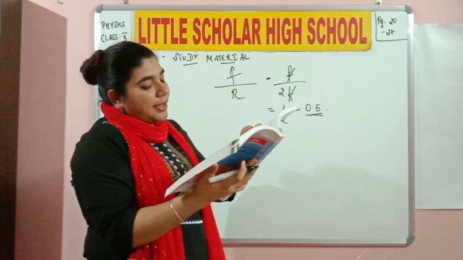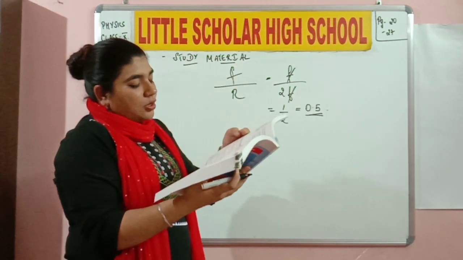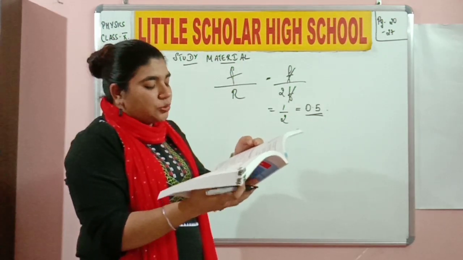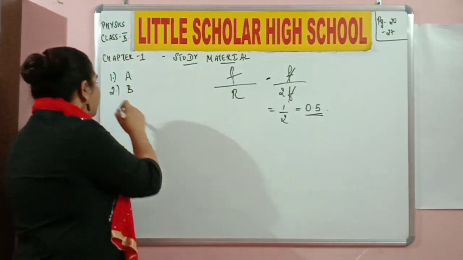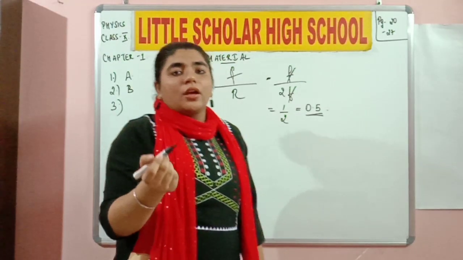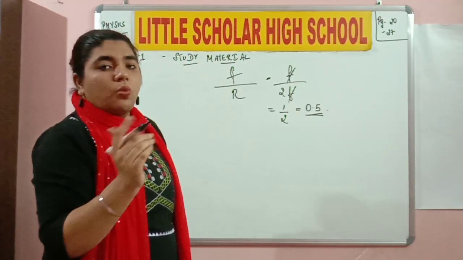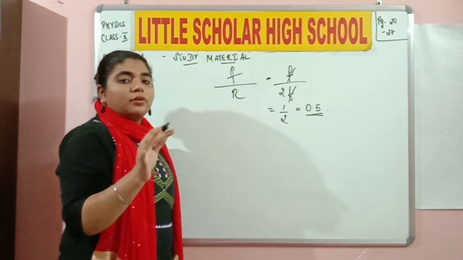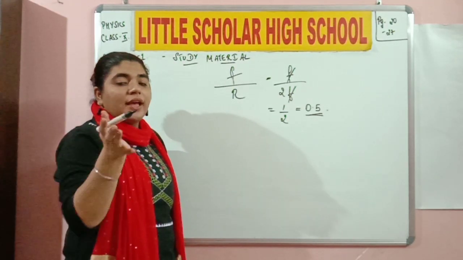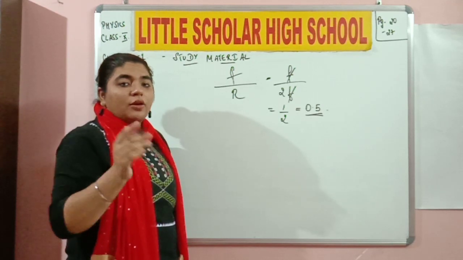Third one, the image formed by a concave mirror is always real, or is always virtual, can be both real and virtual, none of these. What do you think? We have discussed so many cases, so many ray diagrams, like 5 or 6 ray diagrams for concave mirrors. What did you conclude from that? Do I get a real image in that? Yes, you get a real image when you place the object beyond C, at C, between F and C. What after that?